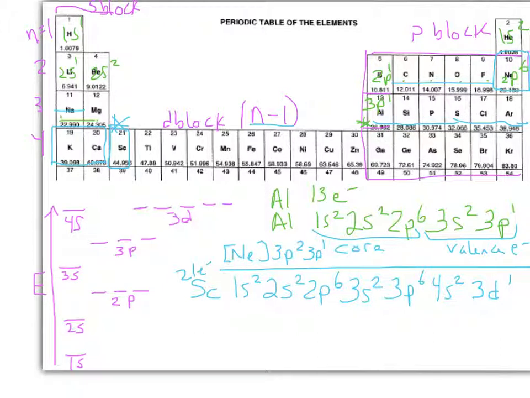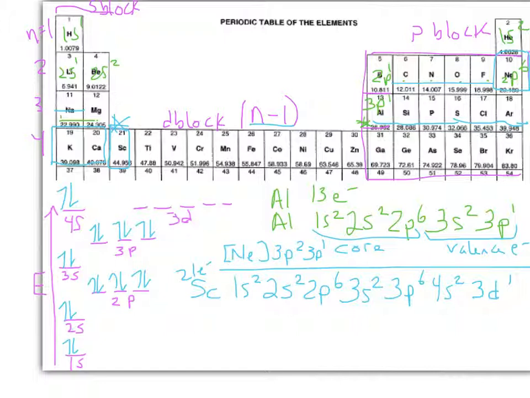Let's go ahead and fill these, lowest to highest: 1, 2, 3, 4, 5, 6, 7, 8, 9, 10, 11, 12, 13, 14, 15, 16, 17, 18. Now remember, in one of the previous videos I mentioned that the 4s and the 3d are very close in energy. So it turns out that the next 2 electrons fill into the 4s.